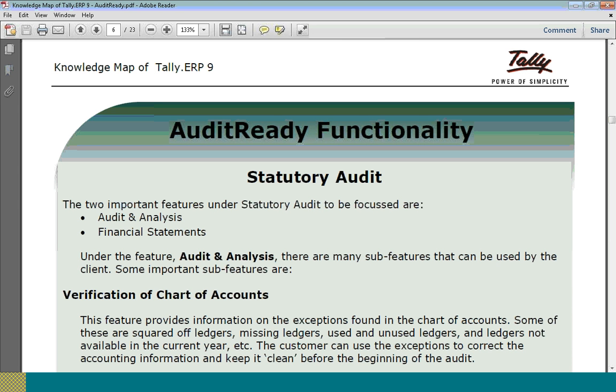You need not sit through the entire masters or the sundry debtors or sundry creditors with whom you have done business dealings in the entire financial year. Through this tool, where an exception is found, the customer can check and audit them and clean the data before beginning the audit work.